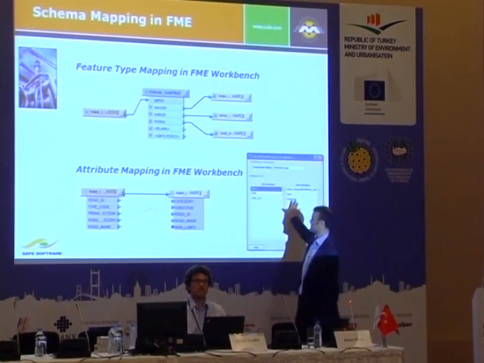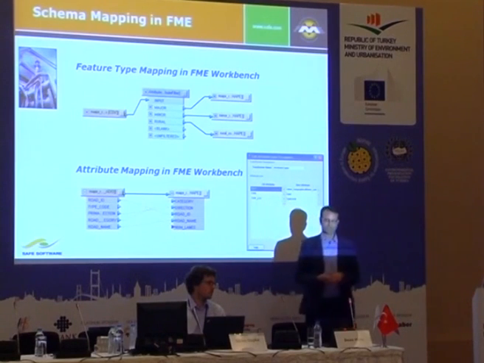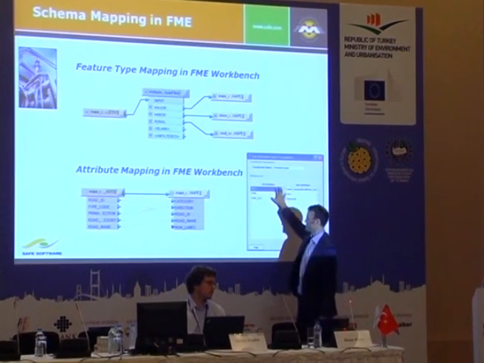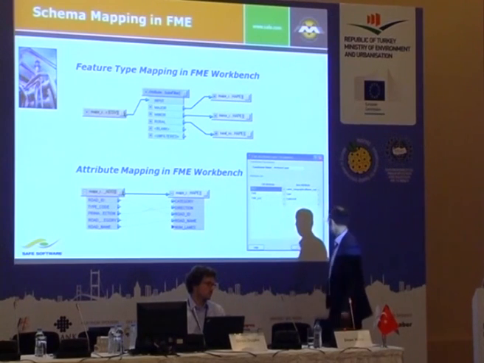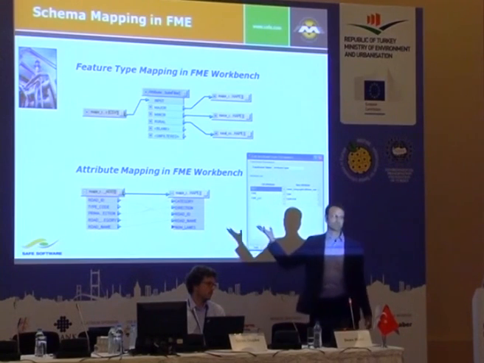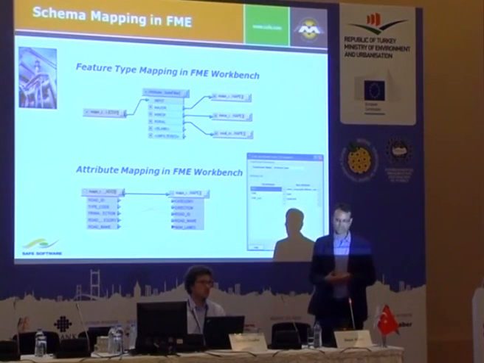Or you can use a transformer here and actually do the mapping in a drop list, so that if you have hundreds of names, it might be easier to use this interface. There's also an import option at the bottom where you can import that, let's say, from a spreadsheet.